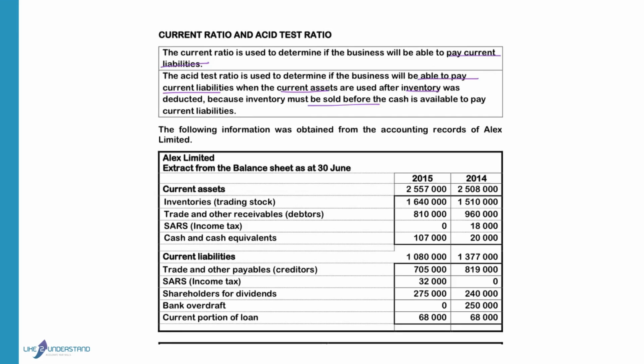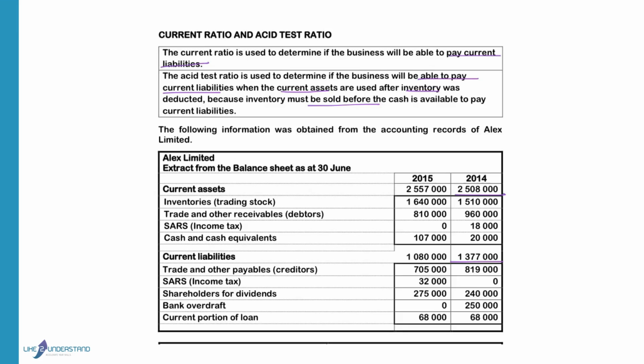If we look at the current ratio for 2014, and we calculate the current assets to current liabilities, then in 2014 our current assets was 2508 and our current liabilities was 1377. And if we do this calculation, we see that the answer is R1.80 assets for every R1 debts.